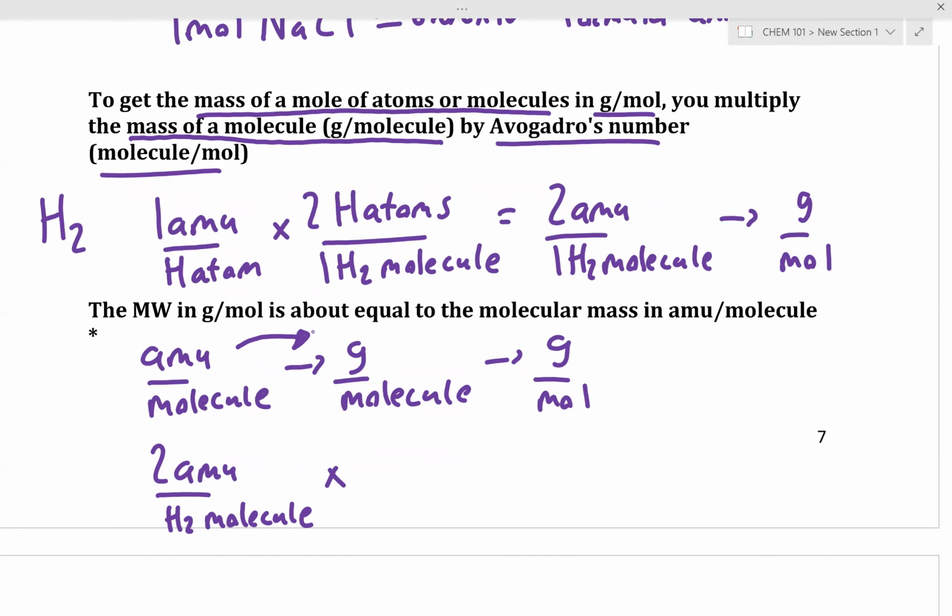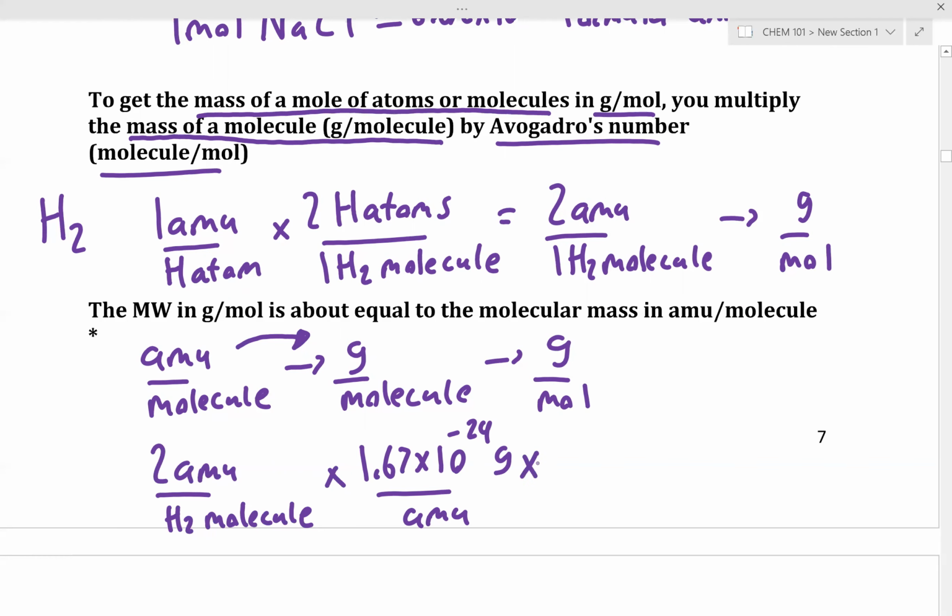And what goes on top if we're going to gram? Yep. So we're going to go to grams, and more specifically, I heard it from Victoria, 1.67 times 10 to the negative 24th gram per AMU. The key thing, if you know where to place your units, the number associated with that unit will follow.